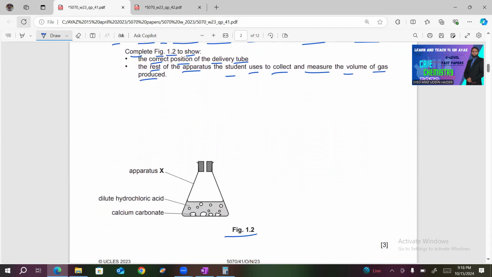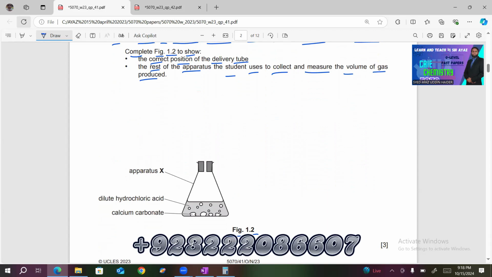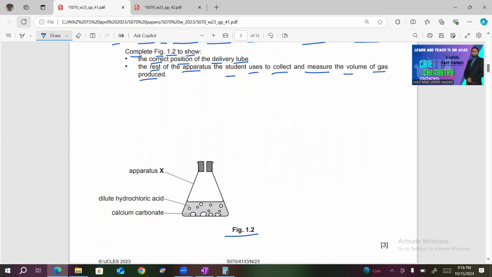So here's figure 1.2. Apparatus X is shown here with dilute hydrochloric acid and calcium carbonate. They're asking us to draw delivery tube in the correct position.